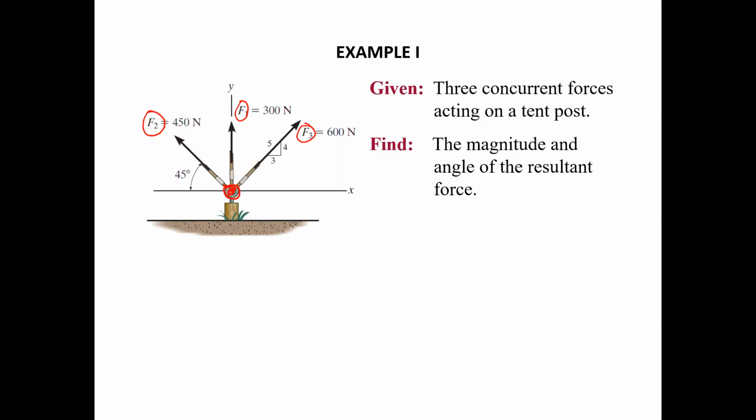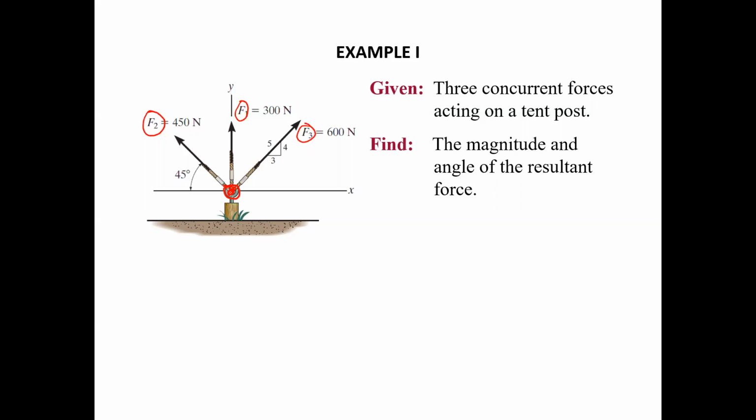Okay, so these concurrent forces are acting on this tent post, let's say a hook, and we need to determine the magnitude and angle of the resultant force. So we need to find FR. Now again, if you look back at what we discussed, why do we need to find this resultant force?